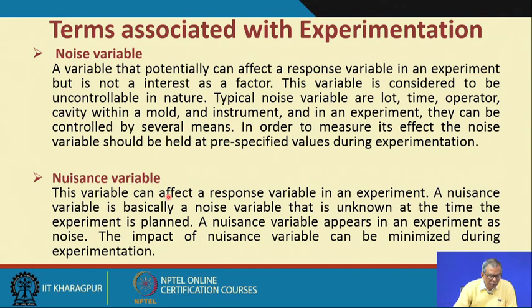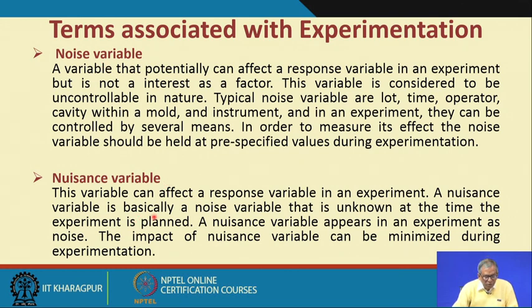What is a nuisance variable? This variable can also affect a response variable in an experiment. Whenever a particular noise variable appears for the first time and you are not aware of it, it is referred to as a nuisance variable. If the nuisance variable becomes a part of the system, meaning you cannot avoid it, then subsequently it may be treated as a noise variable.